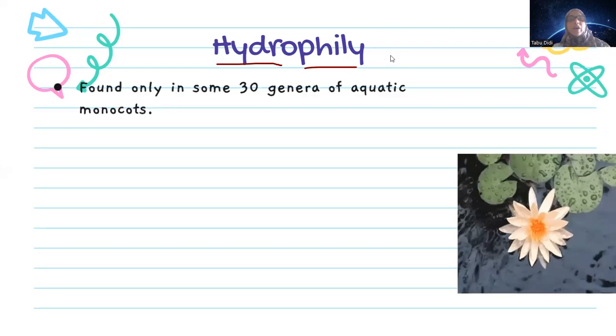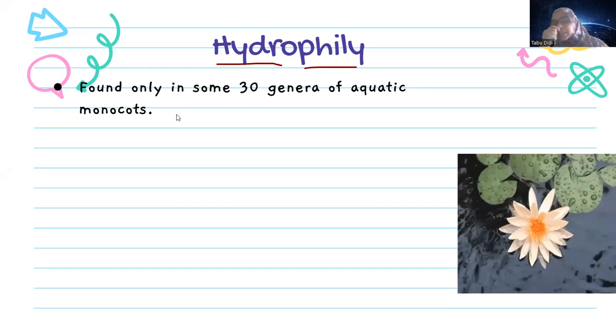So, most of the plants which are aquatic in nature will do pollination through hydrophily. In some 30 genera of plants, they carry out pollination through hydrophily. Mostly they are found in monocots.